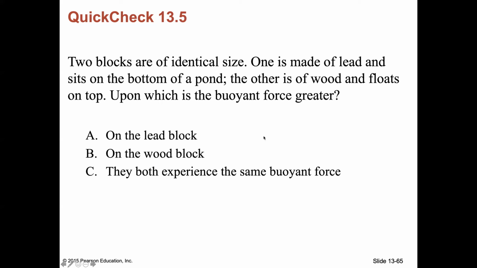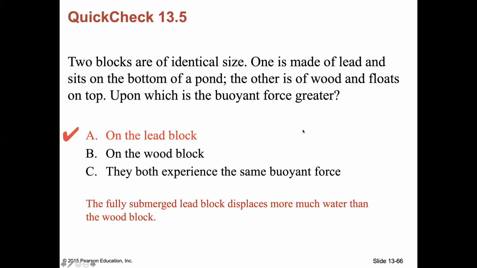Now let's see. The correct answer is A. Because the fully submerged lead block displaces much more water than the wood block. Because the wood block is on top, only part of the volume of the wood block displaces water.